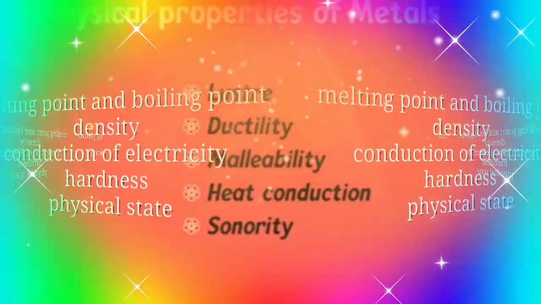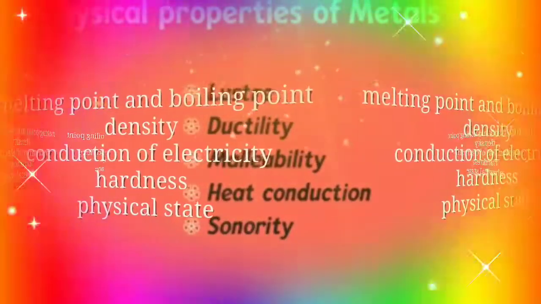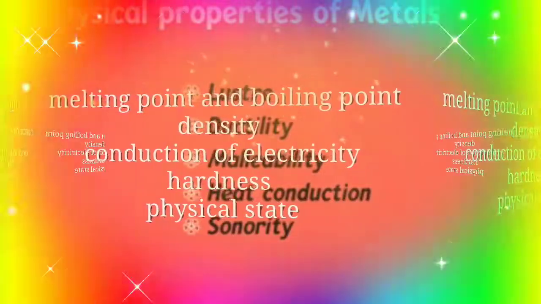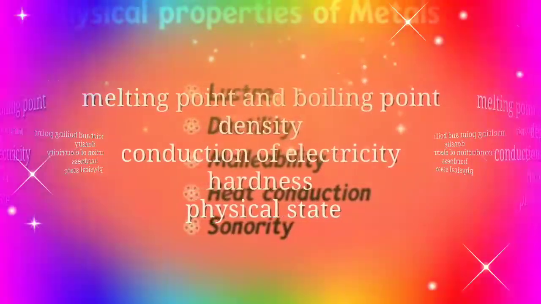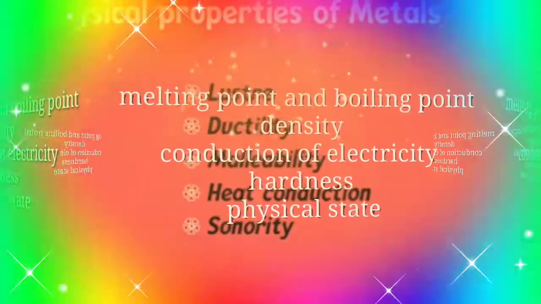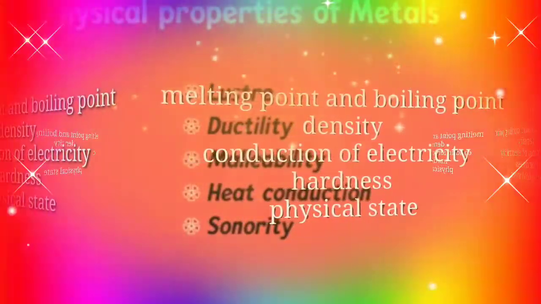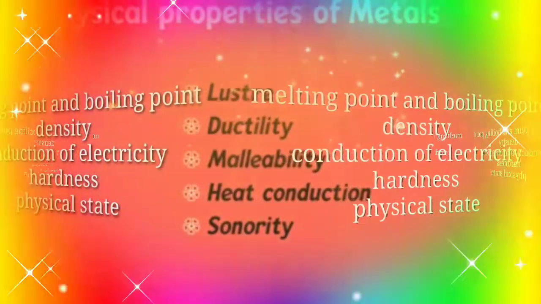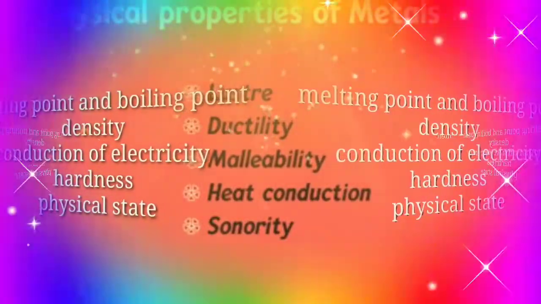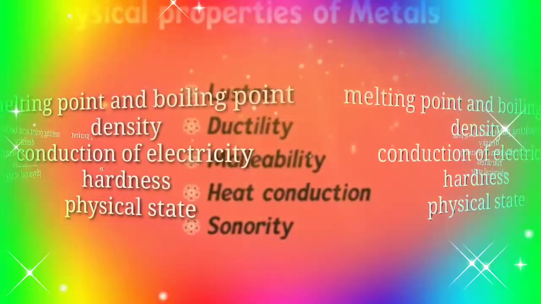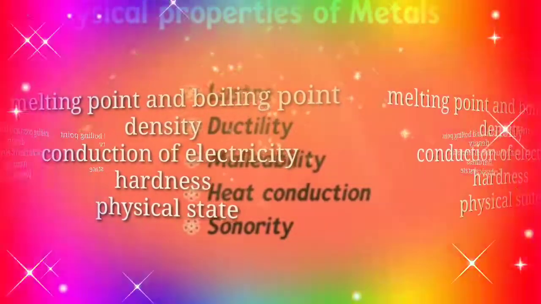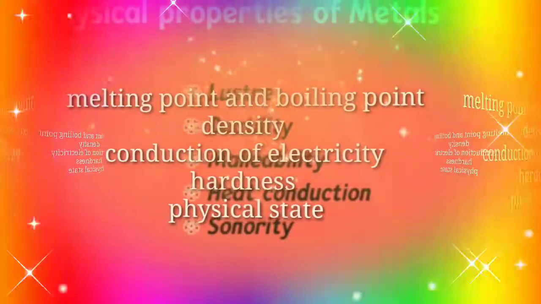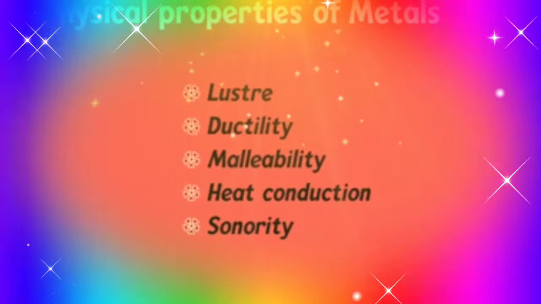So there are mainly 10 physical properties of metals and non-metals. The first is physical state, second is luster, third is hardness, fourth is ductility, fifth is malleability, sixth is conduction of heat, seventh is conduction of electricity, eighth is density, ninth is melting point and boiling point, and the last one is sonority.